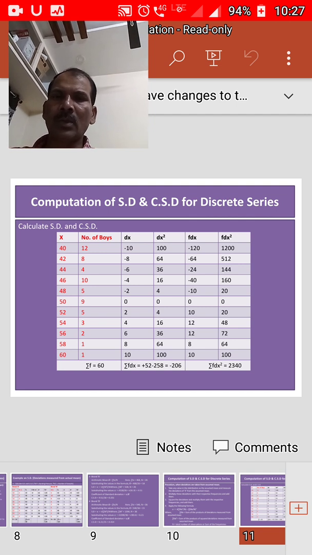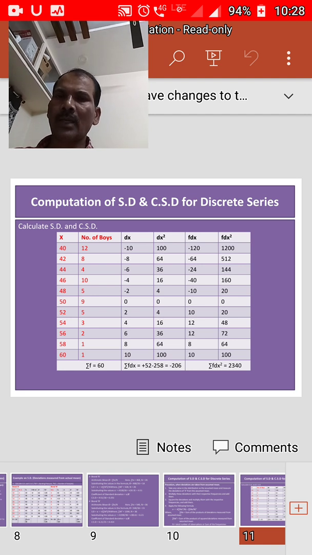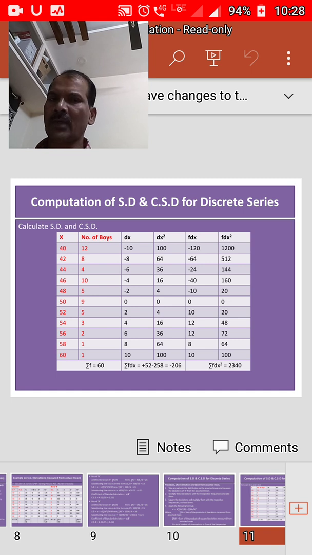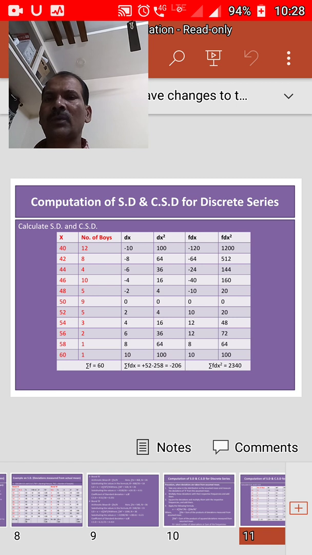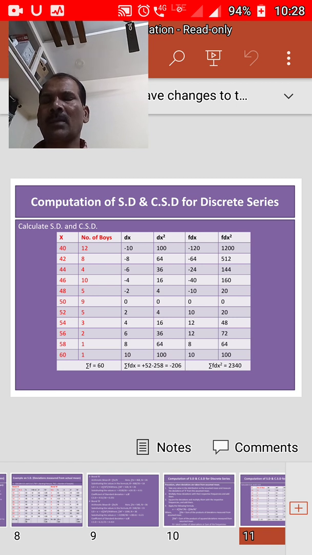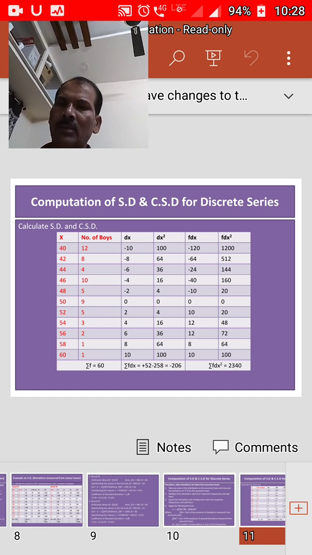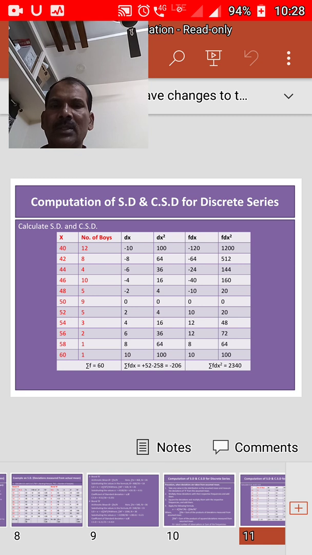We need to calculate dx from x, and dx square, and we need to multiply the frequencies with the squared deviations, that is f dx square. You will get sigma f, that is equal to n, which is the sum of the frequencies, equal to 60.